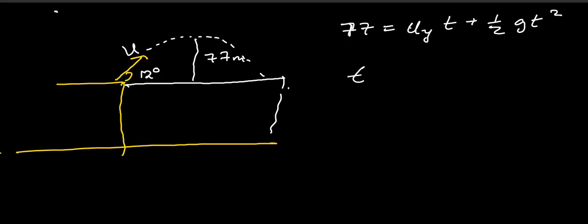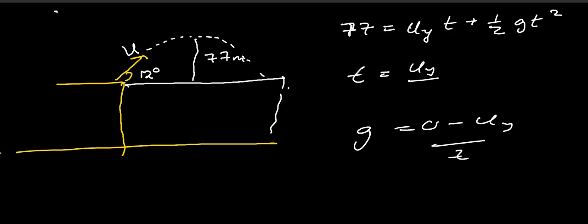Time is equal to the final velocity, coming from here: g is equal to 0 minus uy over t. If I make t the subject, it gives me the velocity in the y component divided by the gravitational acceleration.